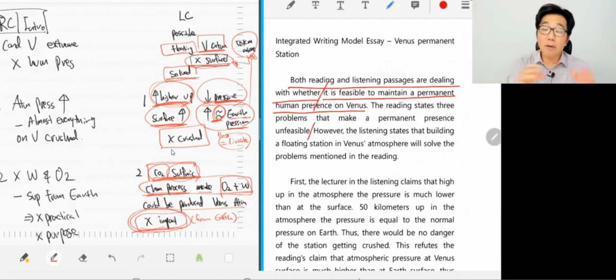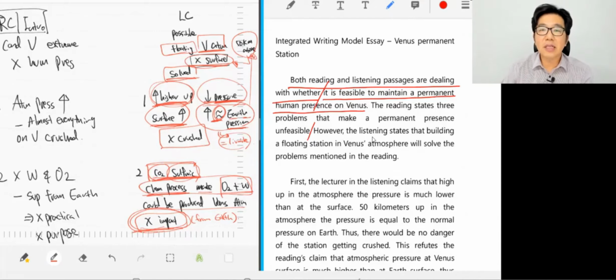And third sentence, however, listening, blah, blah. Okay. So, however, the listening states that building a floating station in Venus atmosphere 50 kilometers above the surface, right? It's minor details, so you can take this out.